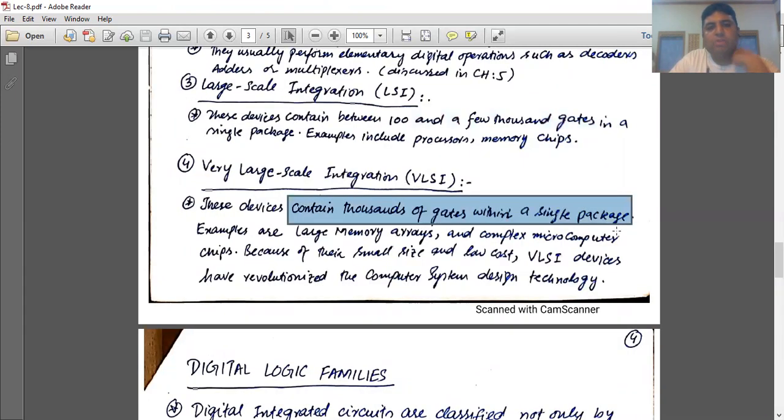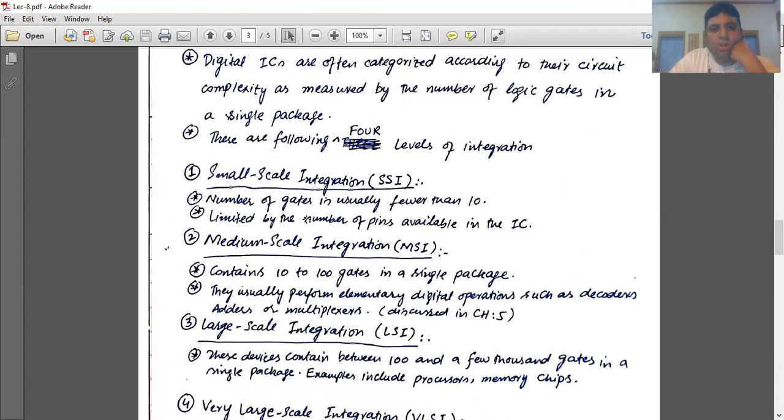An example of small scale integration is the chips which you have used in your lab, which have four gates inside the chip: AND gate, OR gate, or NOT gate. So small scale integration are those chips. And what are medium scale integrations? Medium scale integrations are decoders, adders, or multiplexers.